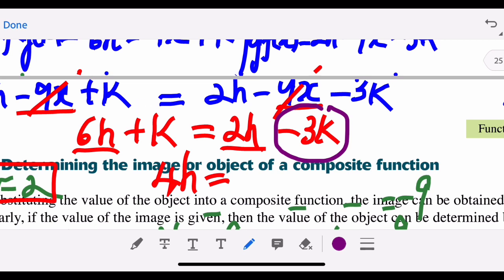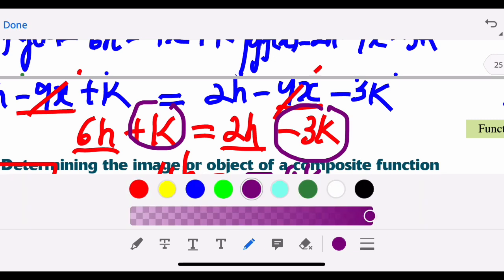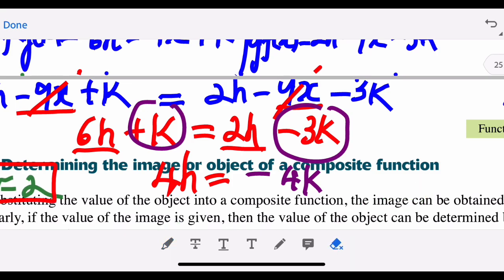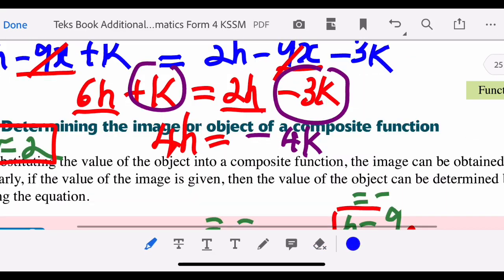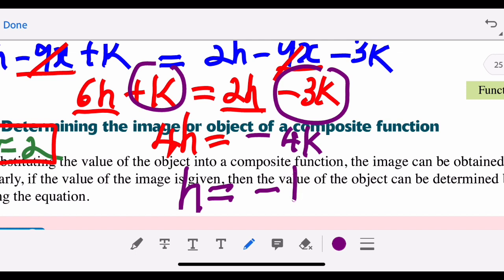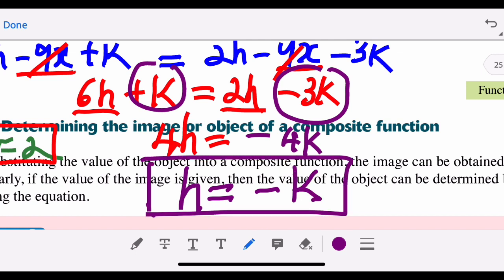This is positive. So if I bring it to the right, it will be negative 4k, right? Let's simplify to the simplest form. So your answer is h equal to negative k. That is called a relation. A relation can be expressed as an equation. So this is the final answer.